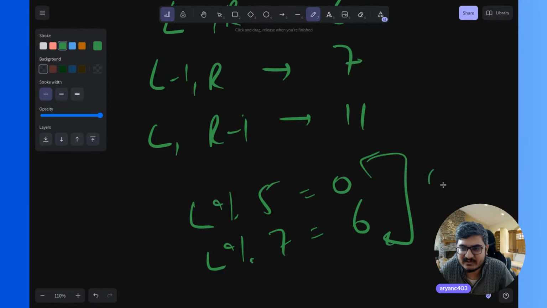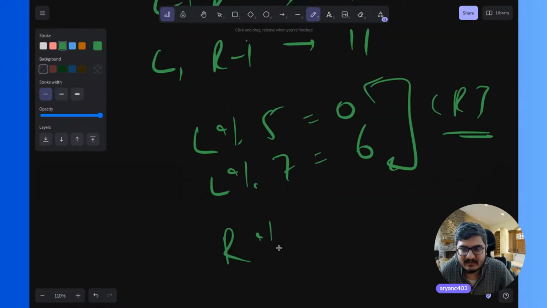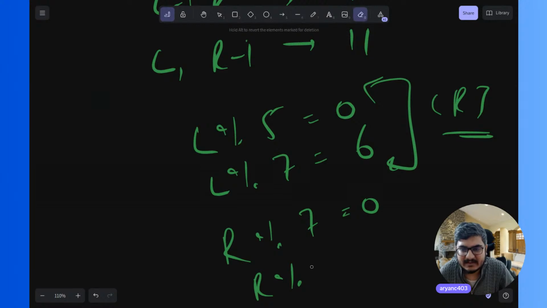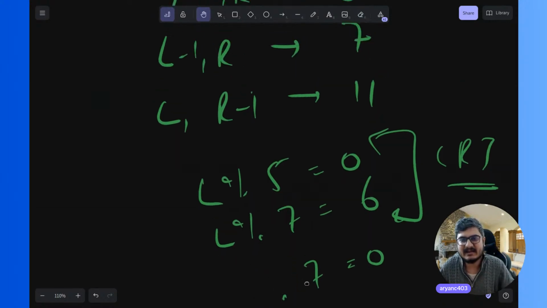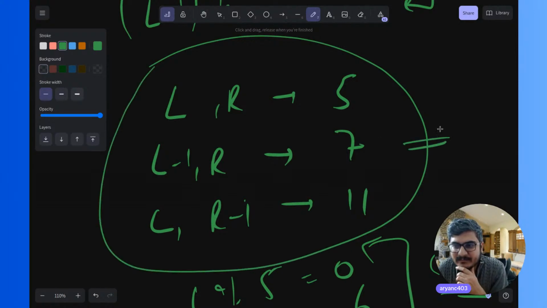You can find this using CRT, and you need R mod 7 equal to 0. You can try to come up with three conditions like this, and I believe these three pairs should not be enough. You will definitely have to look at more. These are not enough, and I think I can construct some test case for it given enough time. You can form equations using the Chinese remainder theorem and get a test case like that.